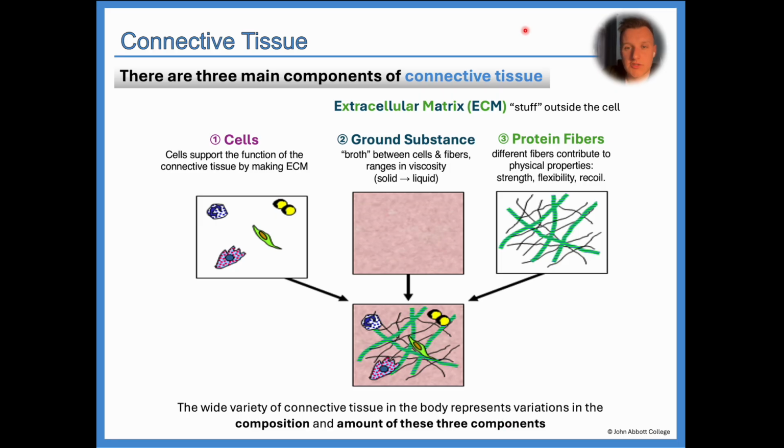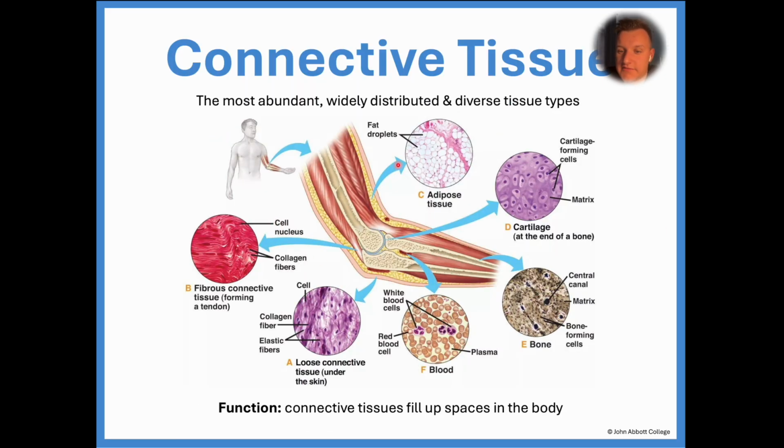The rule I want you to know for connective tissue is that there are three main components in connective tissue. There are cells, okay, and cells support the function of the connective tissue. So it depends what kind of connective tissue you are.